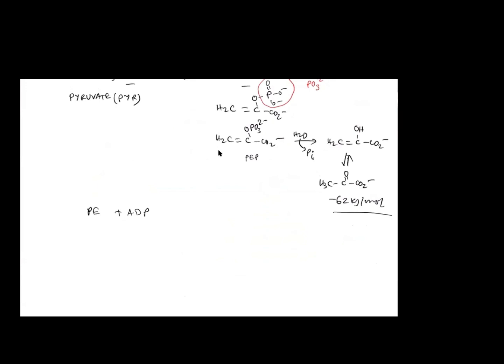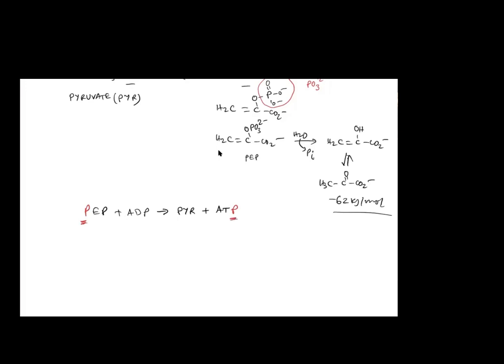So we have PEP, and it's phospho, so I got to add the color. Let's just do a color on the PEP here, plus ADP, and we're going to get pyruvate plus ATP. So that phospho is going to the ADP to make ATP.